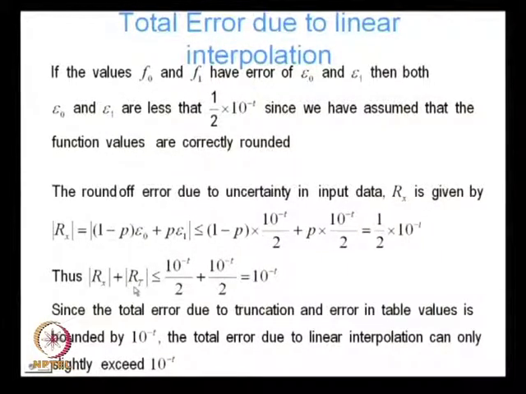Therefore, if I add these two bounds, this must be less than or equal to 10 to the power minus t by 2 plus 10 to the power minus t by 2, which is equal to 10 to the power minus t.